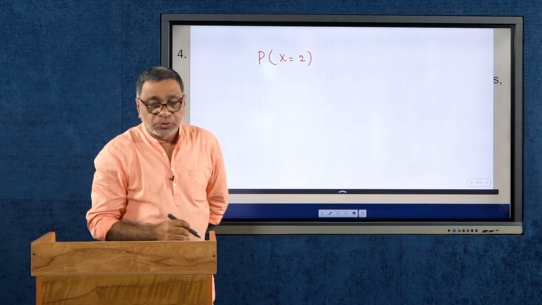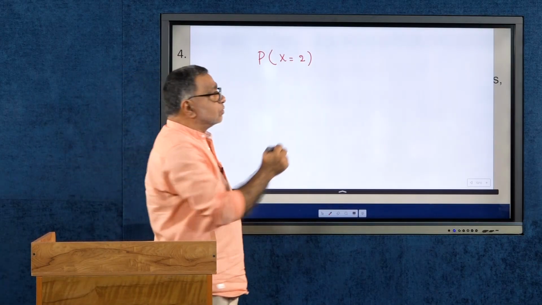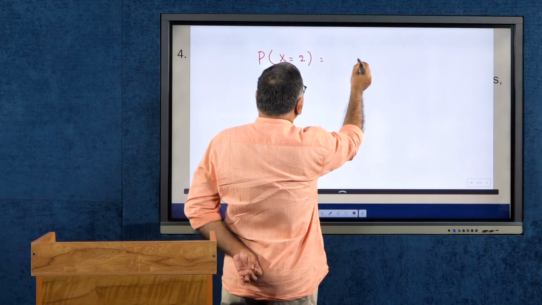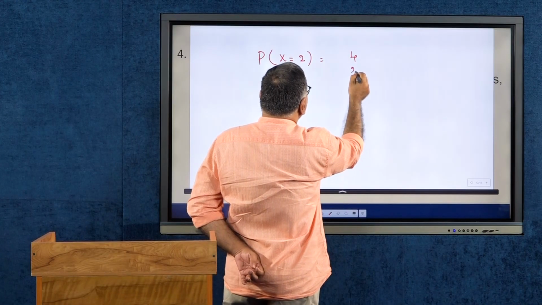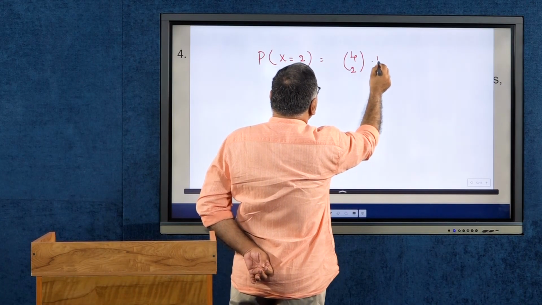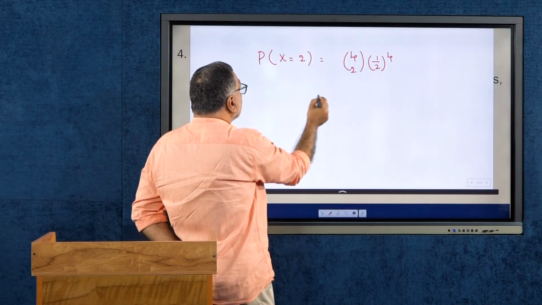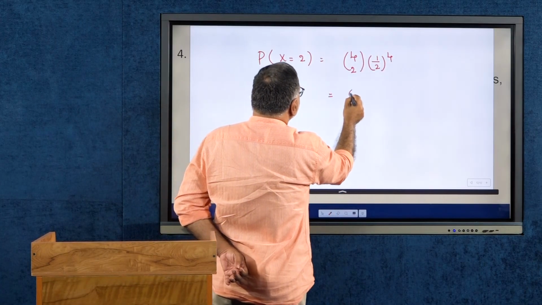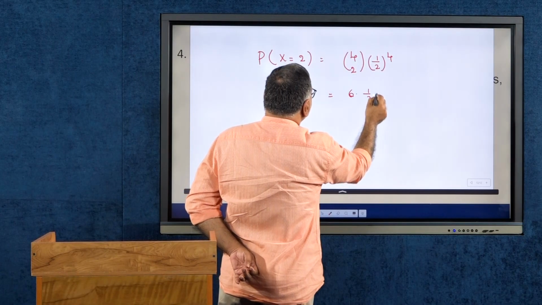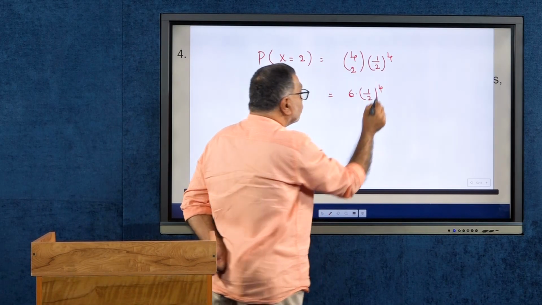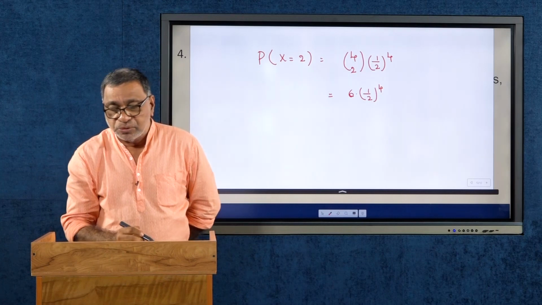That is 4C2 into (1 by 2) to the power 4, which is 6 into (1 by 2) to the power 4.